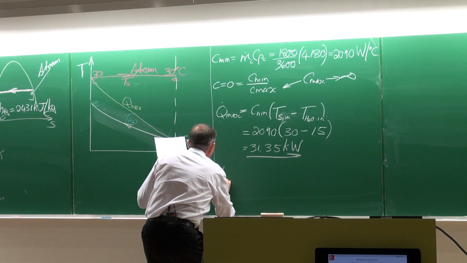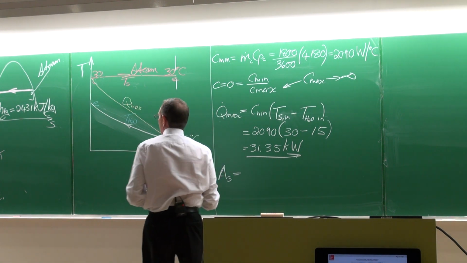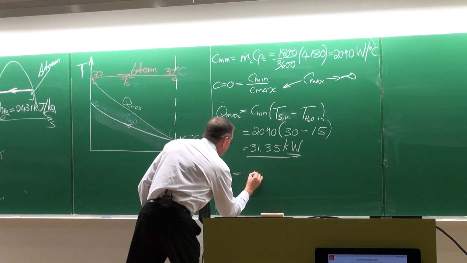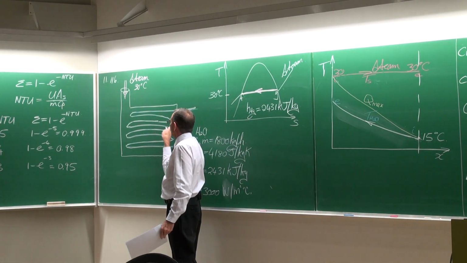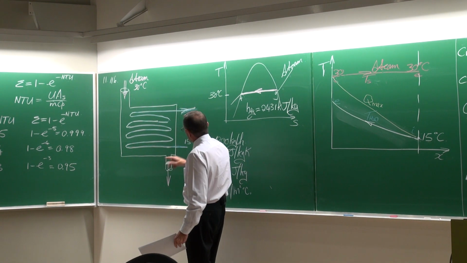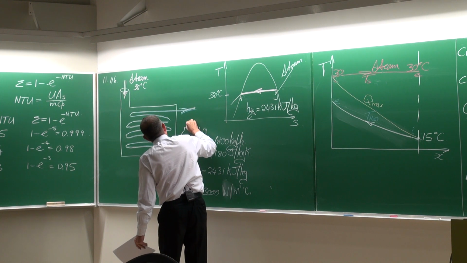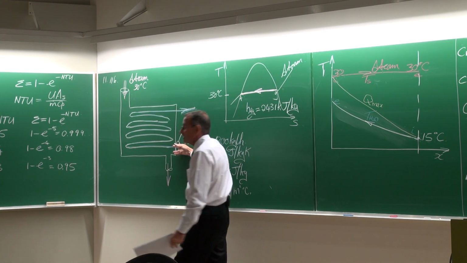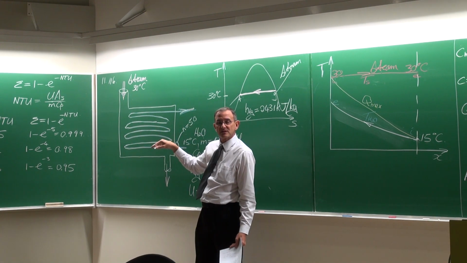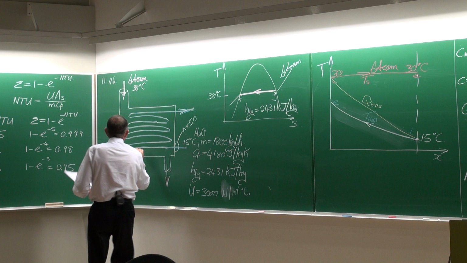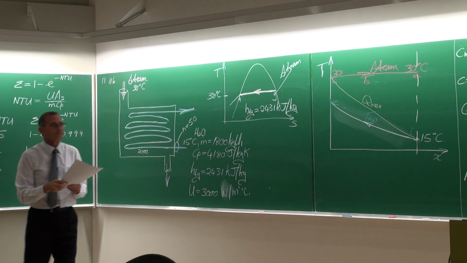The routine calculation that we're going to use is the surface area. It is 8 tube passes, so 1, 2, 3, 4, 5, 6, 7, 8. And what they say is that every one of these tube passes has 50 tubes. So there are 50 tubes passing through this thing 8 times, and every length here is 2 meters, 2000 millimeters.